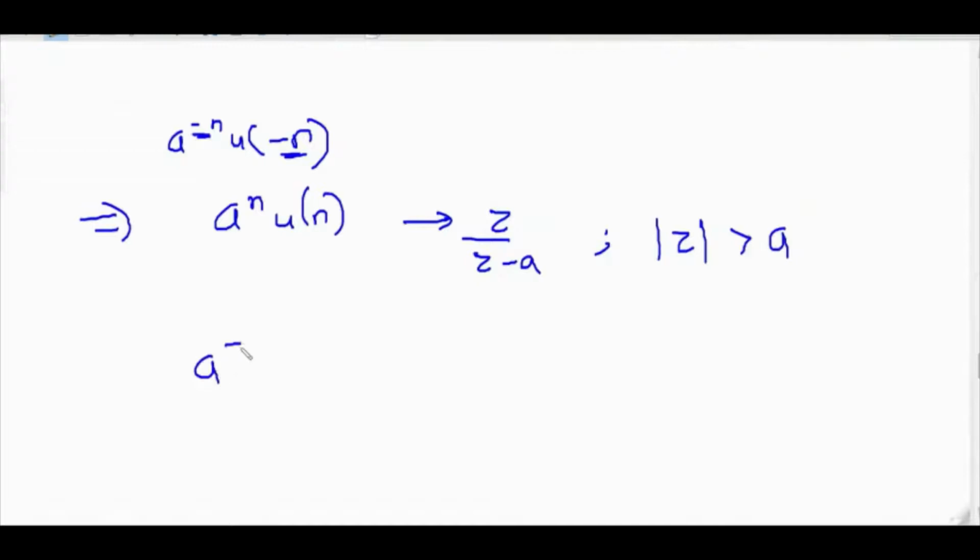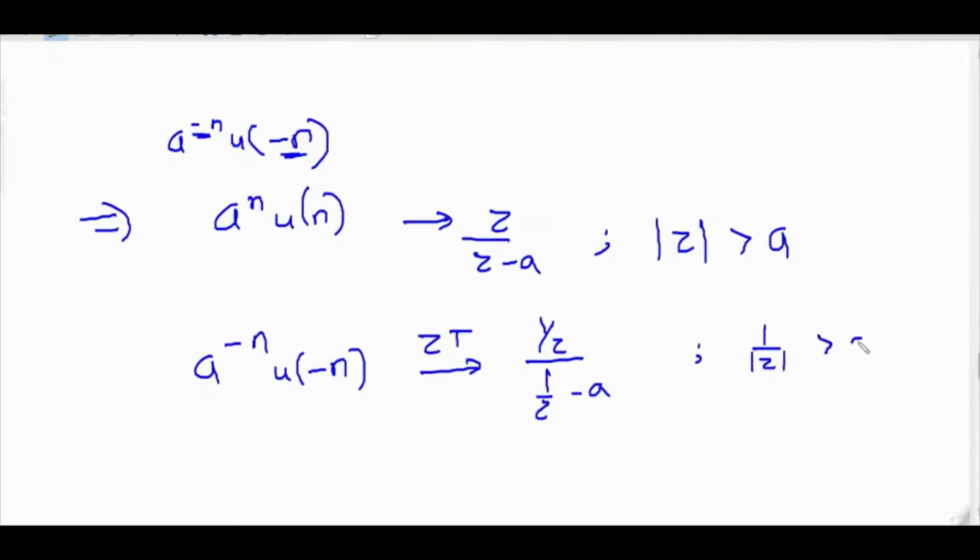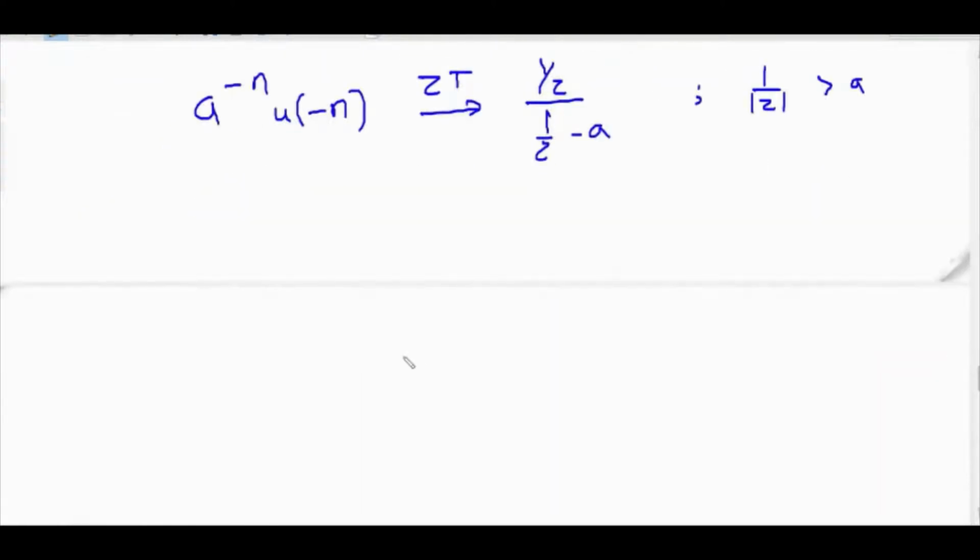Therefore, a raised to minus n u of minus n has z transform with z replaced by 1 by z. So 1 by z divided by 1 by z minus a. And what will be the ROC change? Here also z will be replaced by 1 by z, less than a. Just simplify it: 1 by z divided by denominator cross multiply, so 1 minus az divided by z.